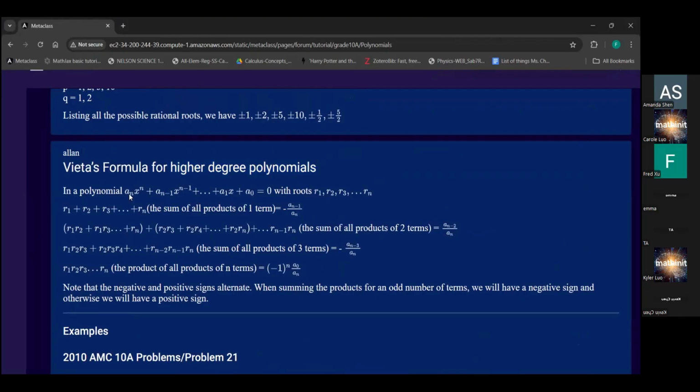So it wouldn't make sense for you to use Vieta's formula for a polynomial, let's just say f of x is equal to x squared plus, I guess you could do x minus 2, right? This is just degree 2. So you wouldn't really use Vieta's formula. You only use Vieta's formula for high degree ones. So basically, polynomials with multiple terms, let's just say x to the power 5 plus x to the power 4 plus x to the power 3, and so on.